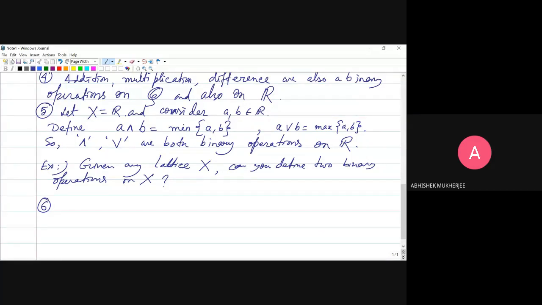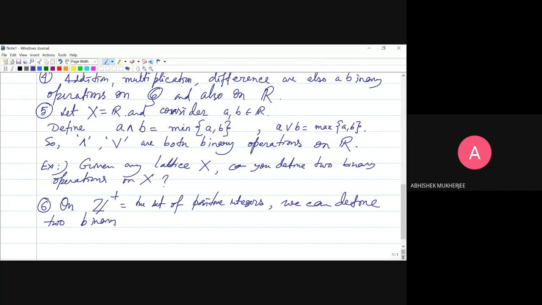So on Z plus, the set of all positive integers, we can define two binary operations like the following.